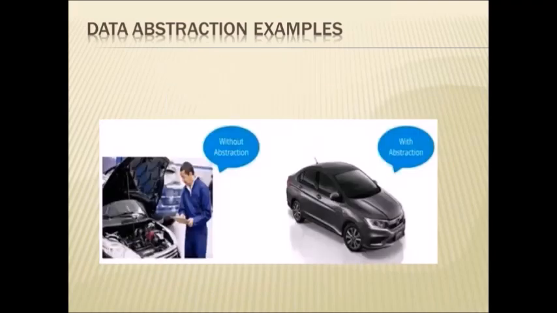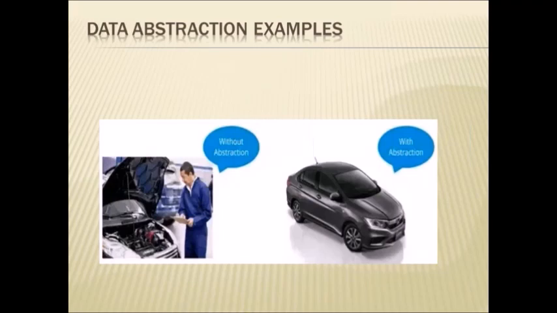And one more example, the car example. Same way, you know how to drive a car, how to access the gear, how to use it, but you don't know the implementation part, that is, how the engine works. If you use gear 1, gear 2, gear 3, some internal process happens.